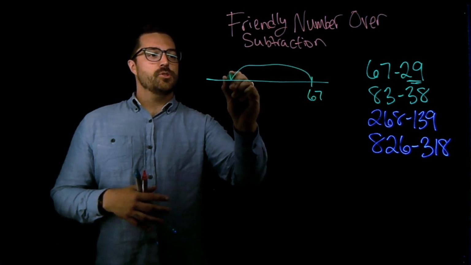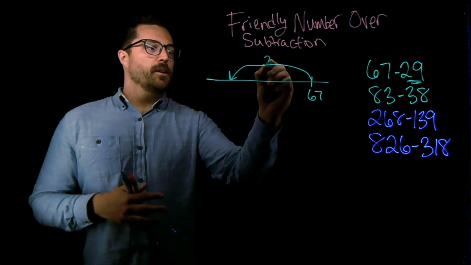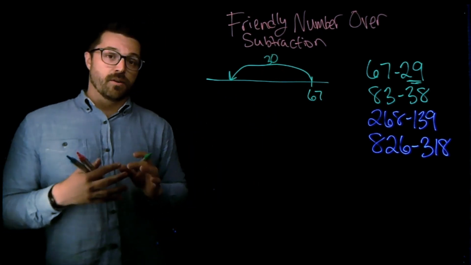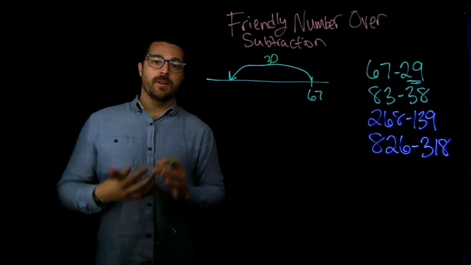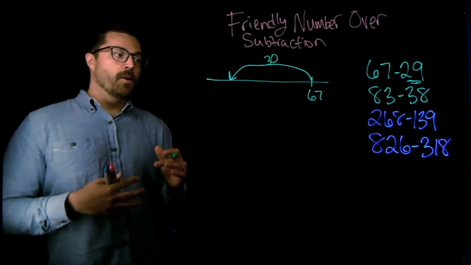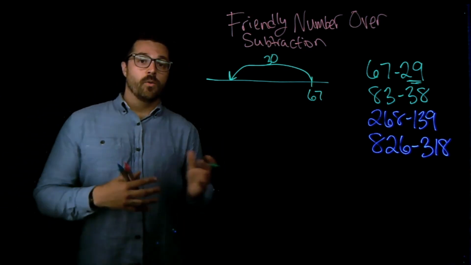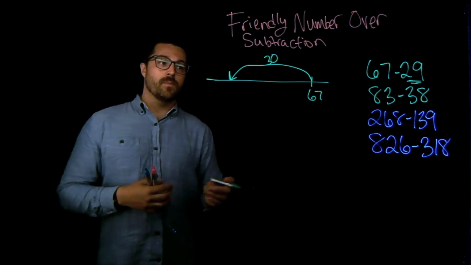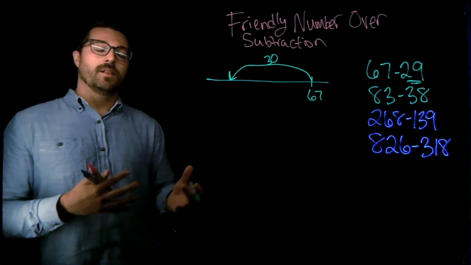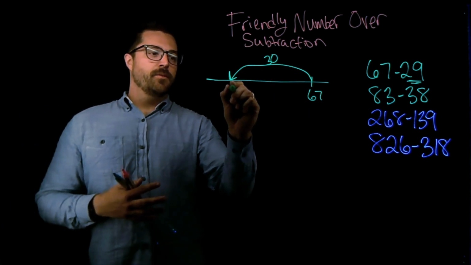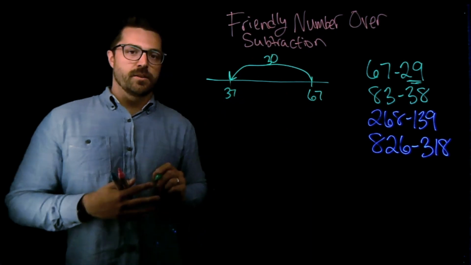So instead of subtracting 29, I'm going to just subtract 30. This gets me close using a number that requires no regrouping, no moving of the ones and the tens around, so that I can get there a little more mentally. 67 minus 30 is 37.